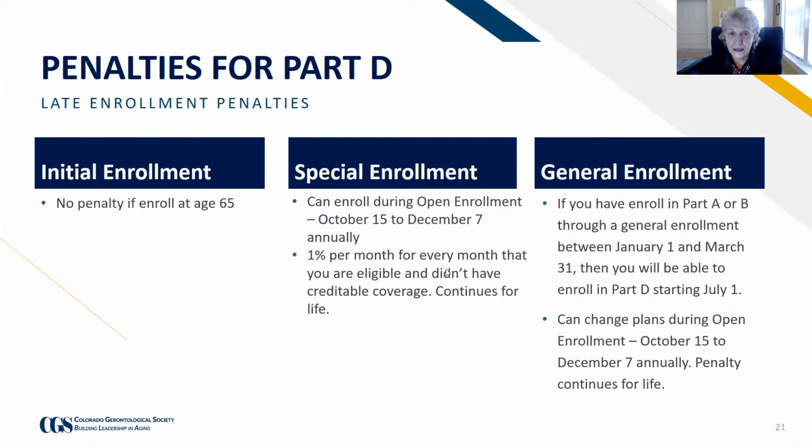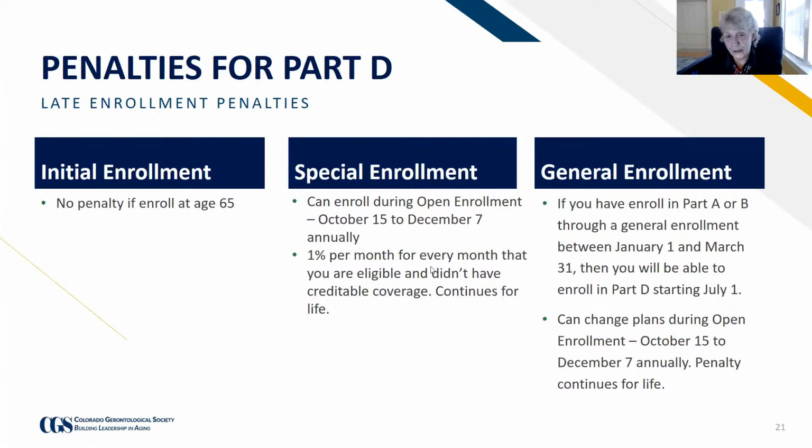So again, let me finish this and then I'll tell you I misspoke. This is 1% per month for every month that you were eligible and you didn't have coverage.